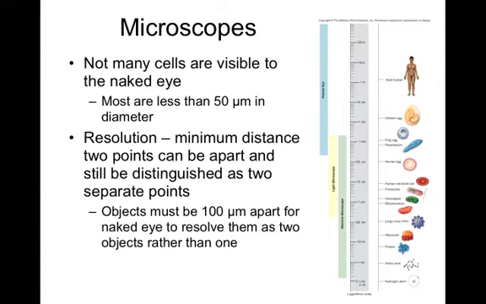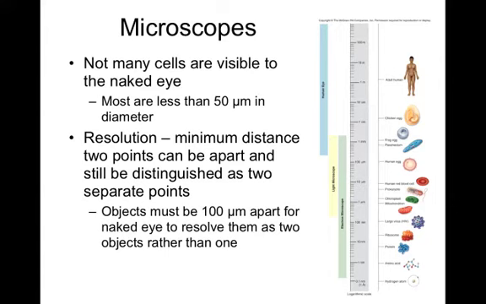The reason that we cannot see such small objects is the limited resolution of the human eye. Resolution is the minimum distance that 2 points can be apart and still be distinguished as two separate points. When two objects are closer than about 100 micrometers, the light reflected from them strikes the same photoreceptor cell near the rear of our eye.